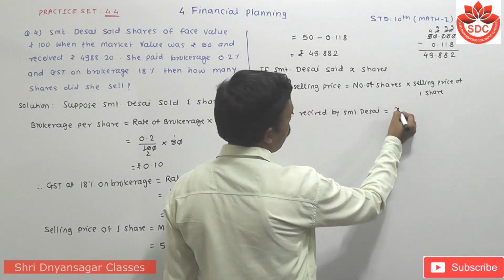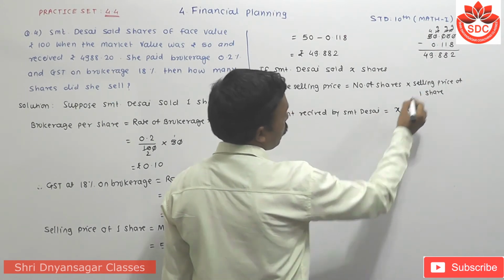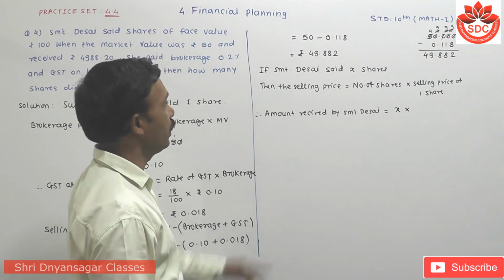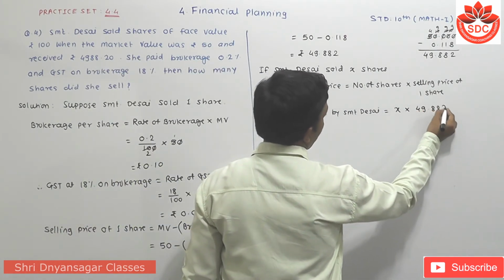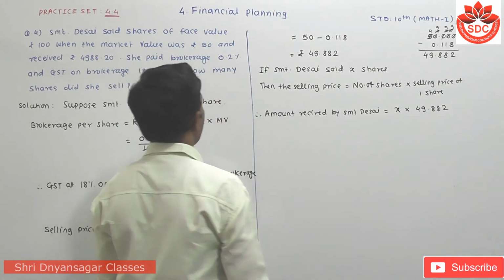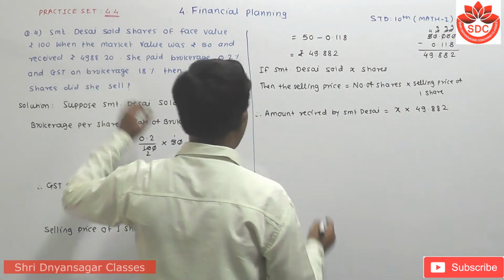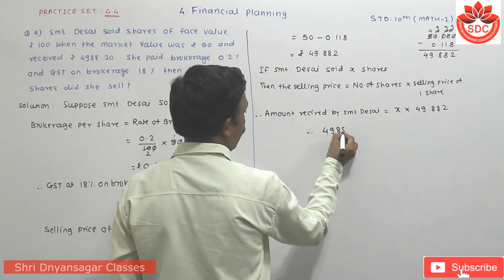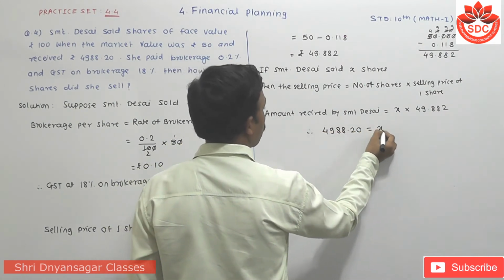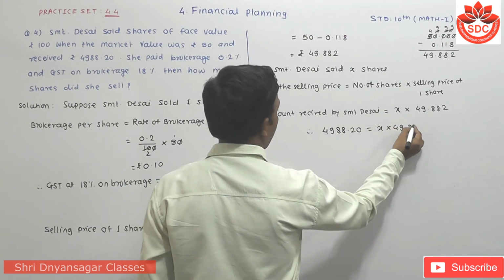Number of shares is X into the selling price of one share, 49.882, and the amount received by Srimati Desai is rupees 4,988.20. So 4988.20 is equal to x into 49.882.